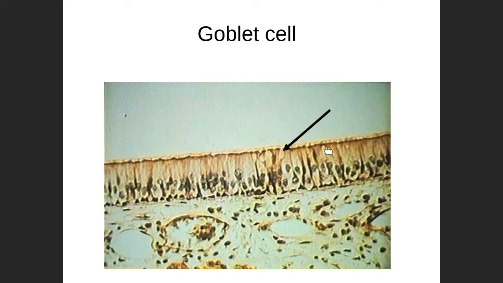Think about it. The cilia's job is to move stuff around. And if it doesn't have anything to move around, it's not really going to be doing anything. So the goblet cell gives it work. It makes the mucin, mixes with the water, and then that cilia can start to beat back and forth and move that mucus away.